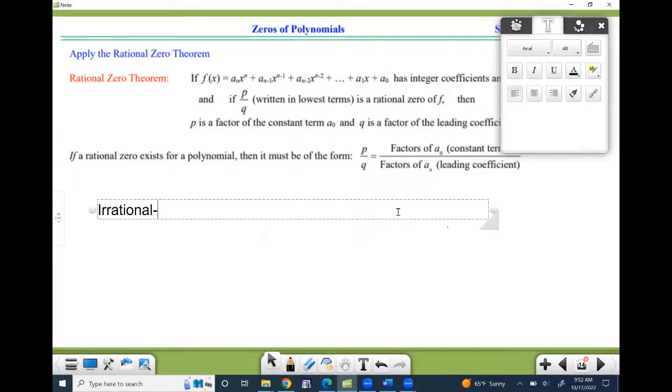Okay. So irrational is just roots that are decimals that go on forever and don't repeat. So quite often that would be like a square root that's not a perfect square or something like that. Okay, so decimals that go on forever and don't repeat.